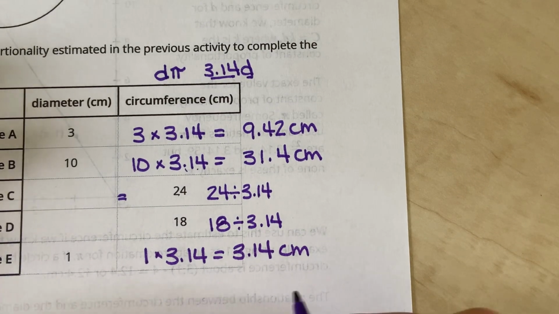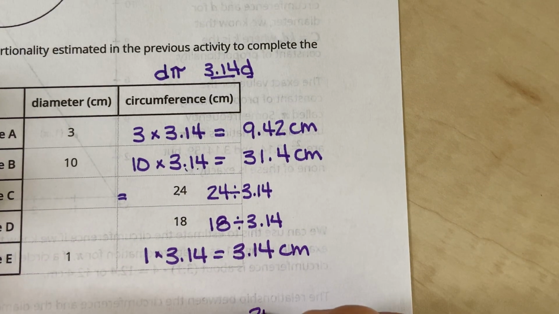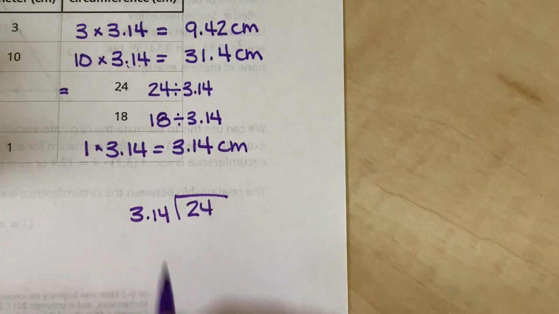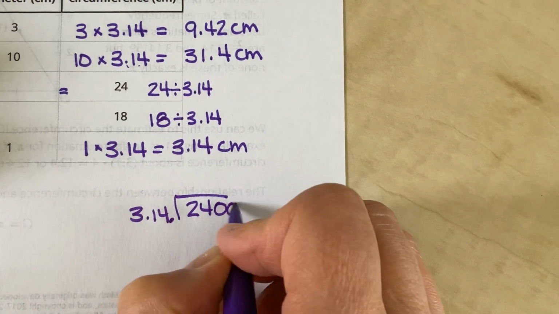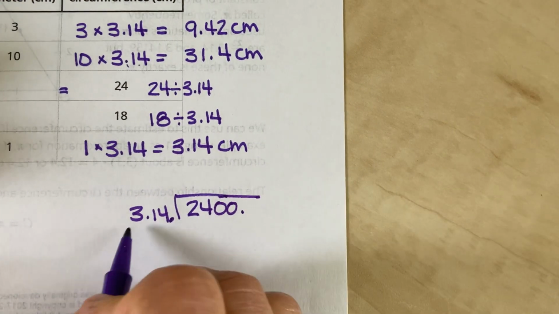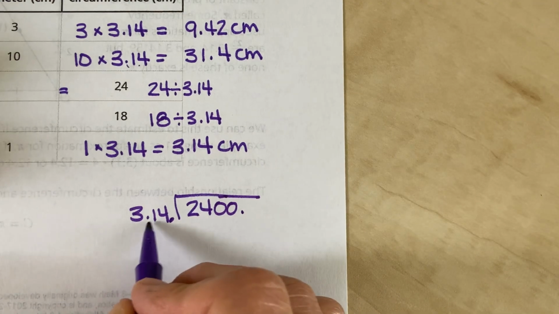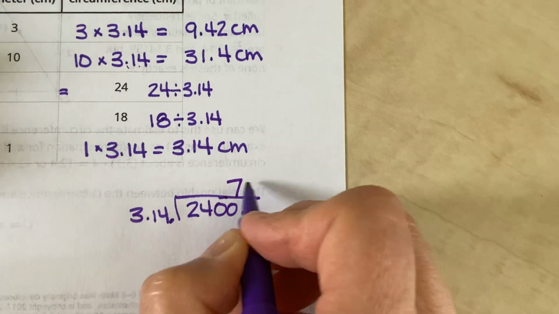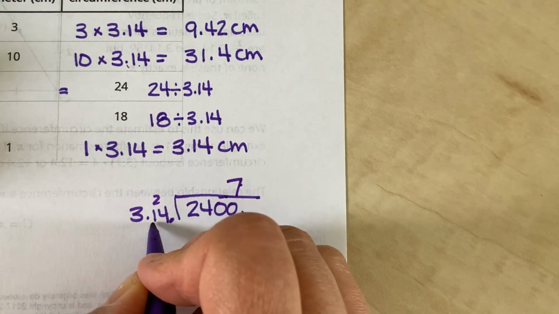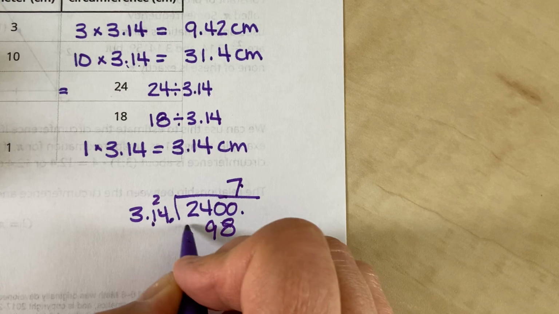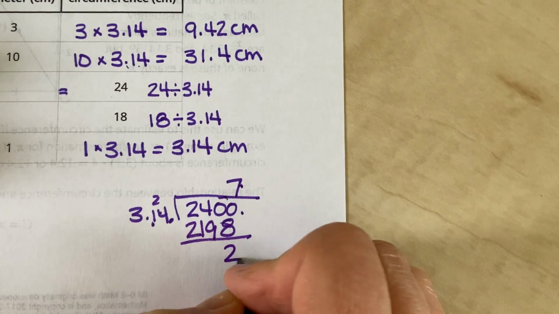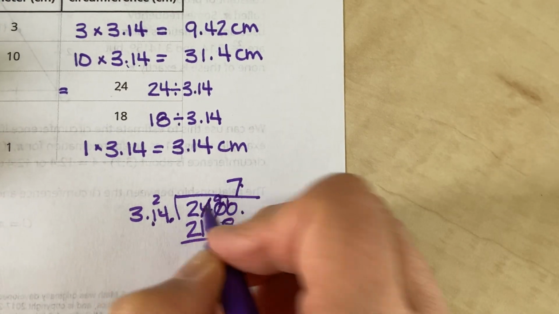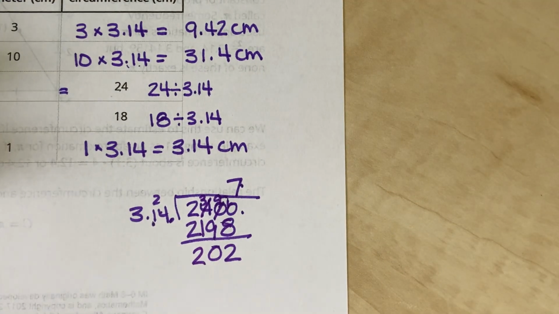I'm going to do them real quick and kind of round them. So if I did 3.14, remember when you do long division, you move this over twice. That means I have to move this one over twice. I'd say about how many 3's go into 24, which would be 8. That's more than 3, so I'm going to try 7. 7 times 4 is 28. 7 times 3 is 21. That was a good guess. That would give you 2. I'm just going to go 1 decimal place.